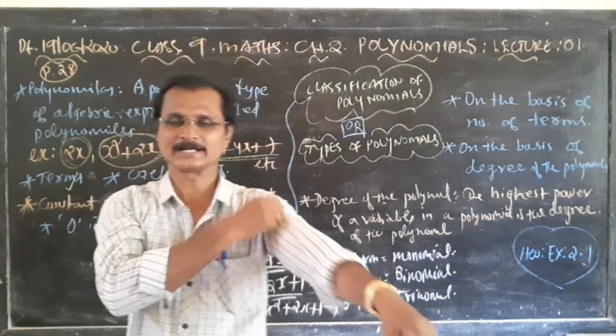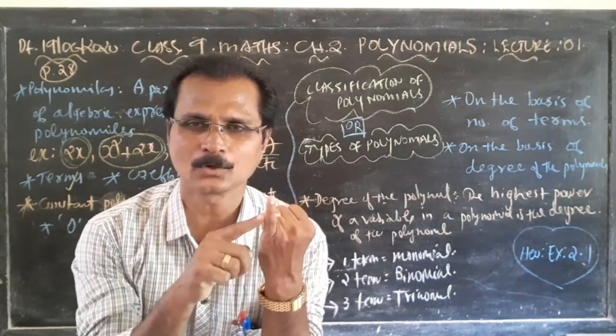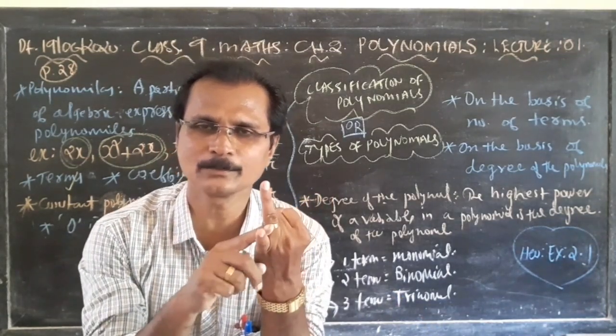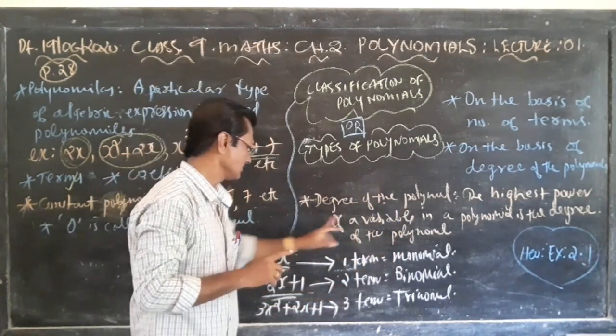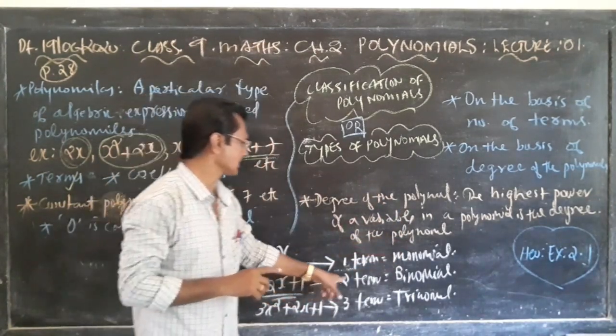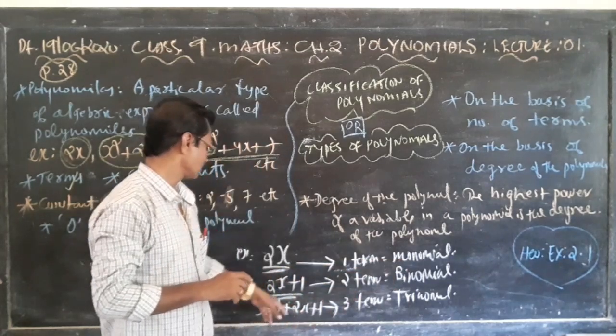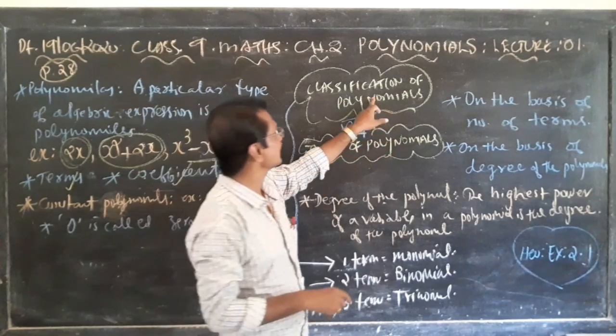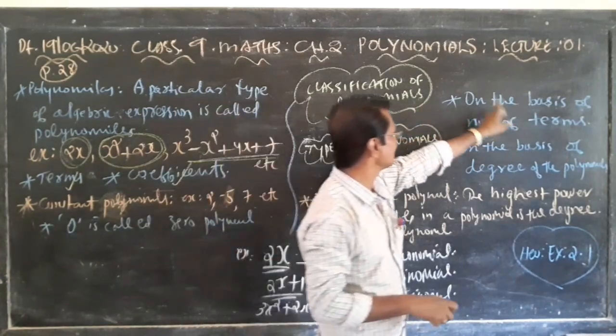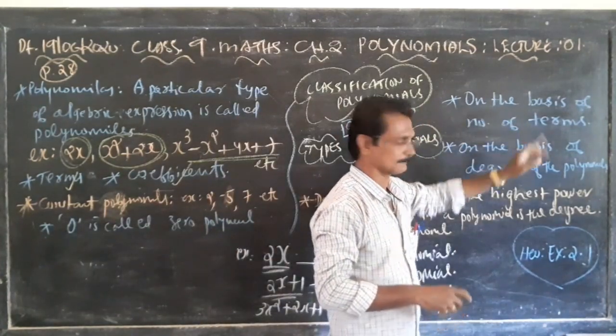Okay? Clear? 1 term monomial, 2 terms binomial, 3 terms trinomial. 2x, 1 term, monomial; 2x plus 1, 2 terms, binomial; 3x squared plus 2x plus 1, 3 terms, that is trinomial. So this is the classification for the types of polynomial on the basis of number of terms.